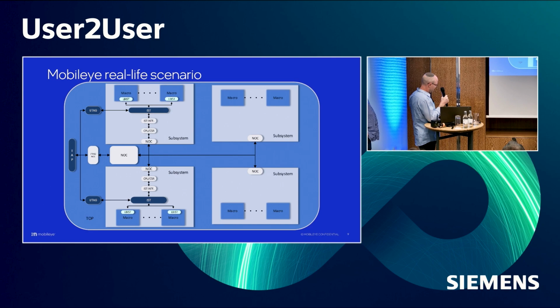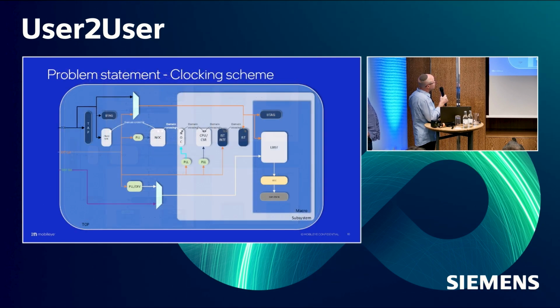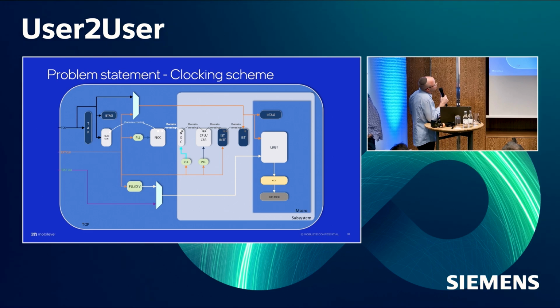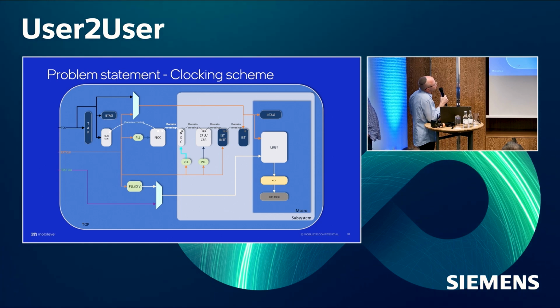If we zoom into one of these partitions, we'll see the complexity of each partition with several clock domains and internal clocking sources. We see clock domain crossings, synchronization schemes. There are dedicated interfaces.